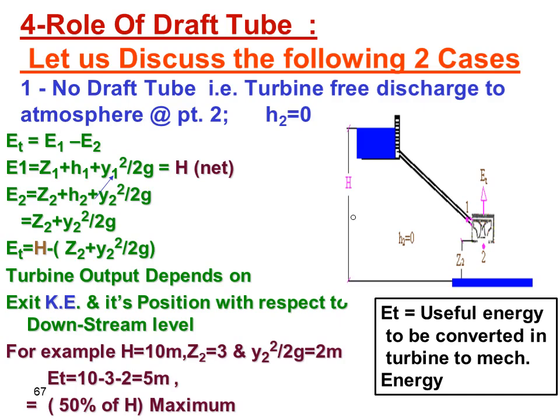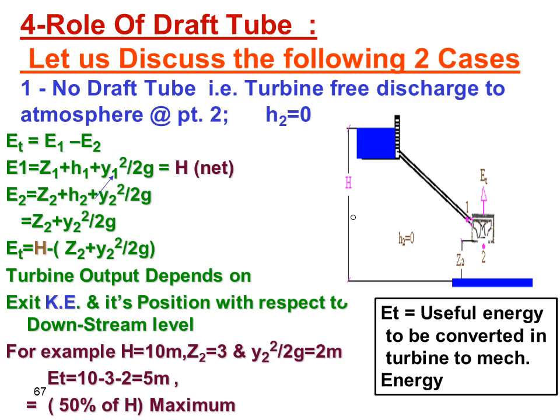What is turbine energy? The useful energy that can be transferred into mechanical energy. We simply can say that this useful energy can be calculated as the difference of energy across the turbine: energy at section 1 minus energy at section 2, energy at inlet minus energy at exit.